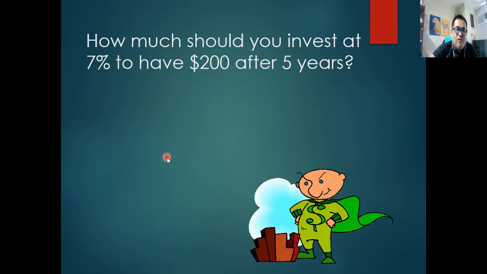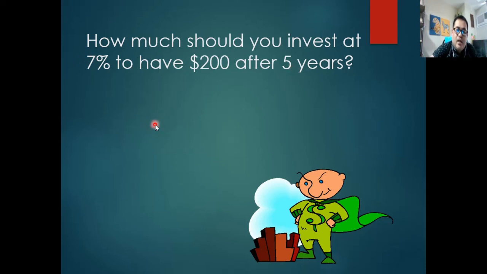So how about this one? How much should you invest at 7% to have $200 after 5 years? Looking at the problem, what is asked is the principal. So rate is 7%, time is 5 years.